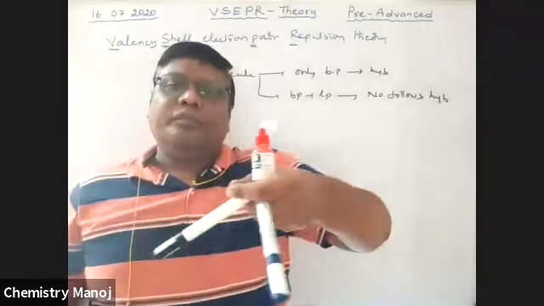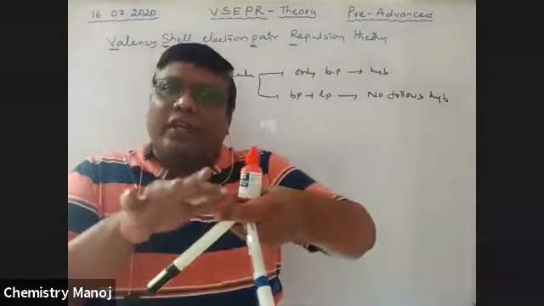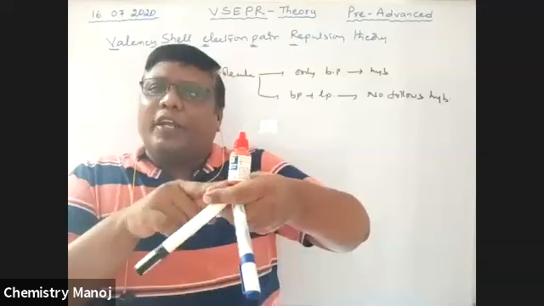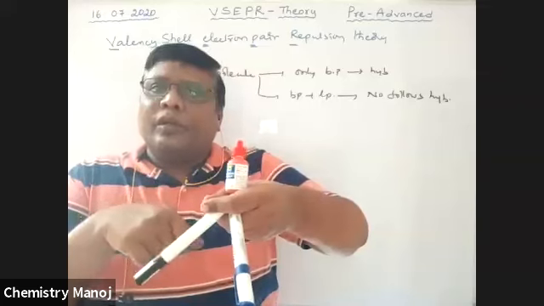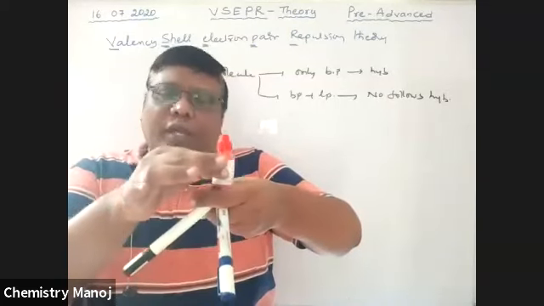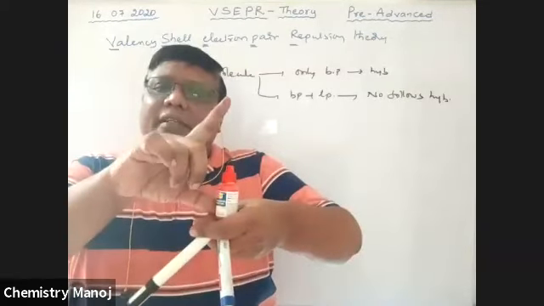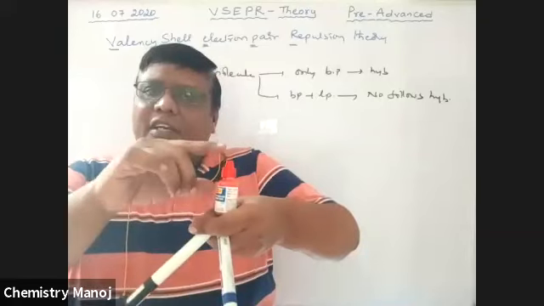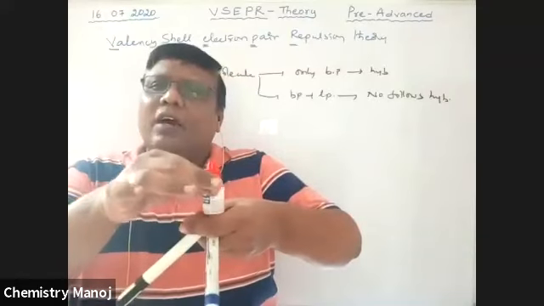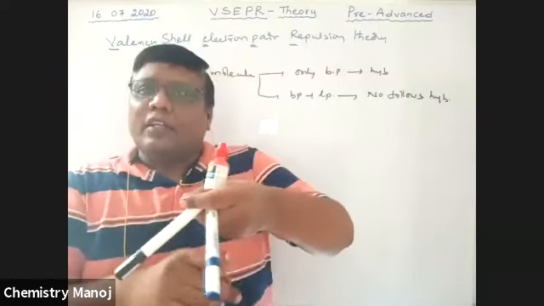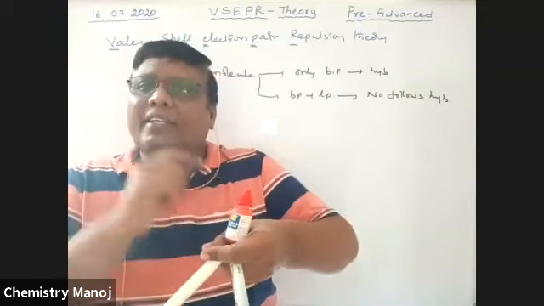This lone pair is attracted only by the central atom, which is at the middle of the molecule, having more valency, connected with other atoms. That means this lone pair occupies more space on the central atom than a bond pair. Bond pair occupies less space, lone pair occupies more space at the central atom.